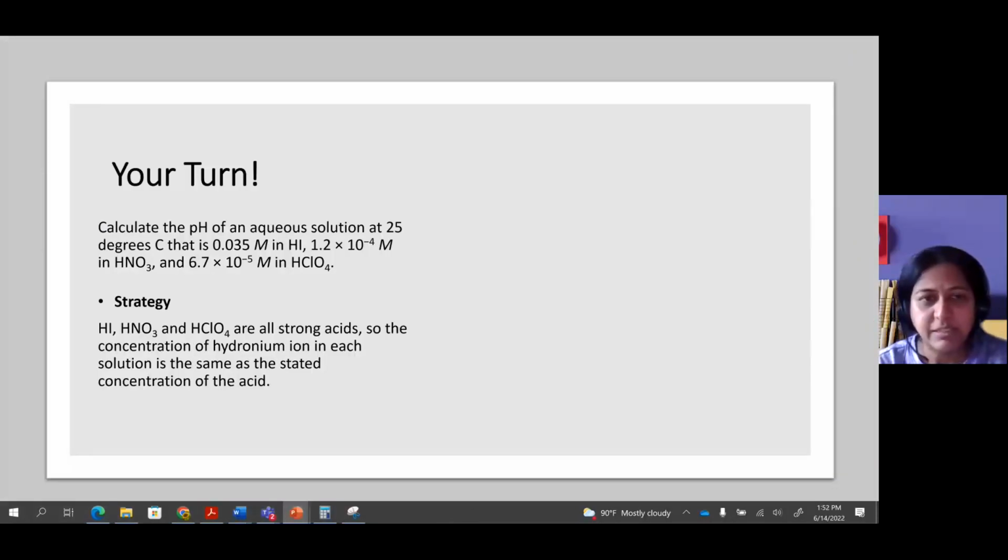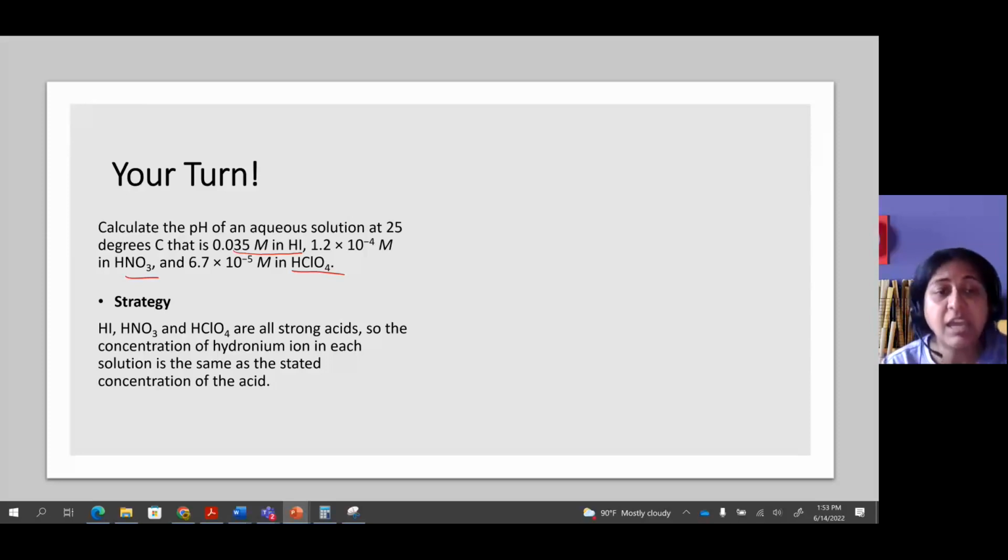Here is a practice problem. Calculate the pH of a solution at 25 degrees Celsius where the concentrations of HI, nitric acid, and perchloric acid are given. Before we move to the calculation part, we should decide whether these acids are strong acids or weak acids.